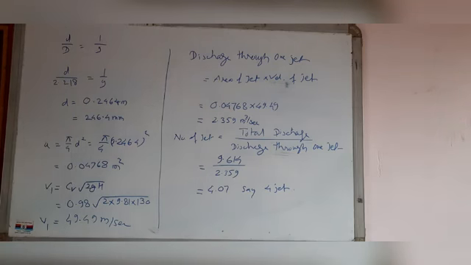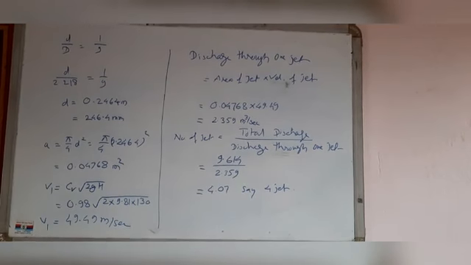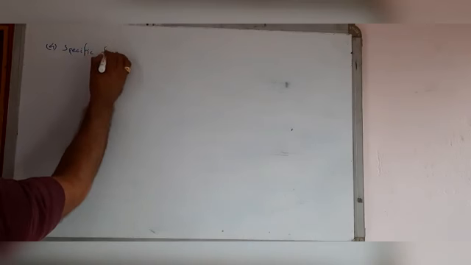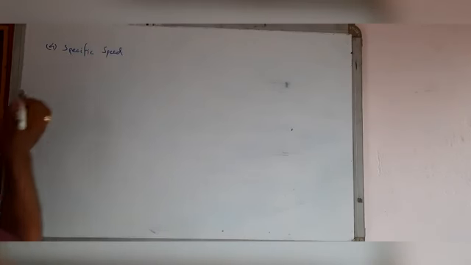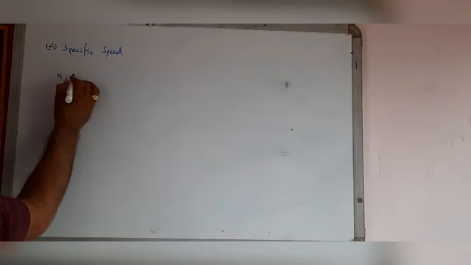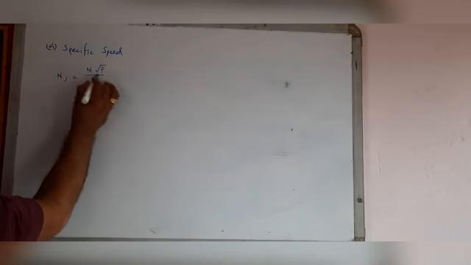And one more thing we have to calculate. Fourth point is specific speed. Specific speed is given by Ns equal to N root P by H to the power 5/4.